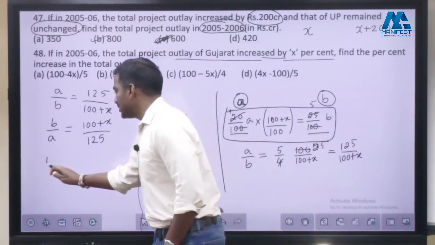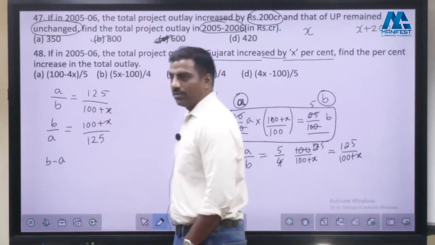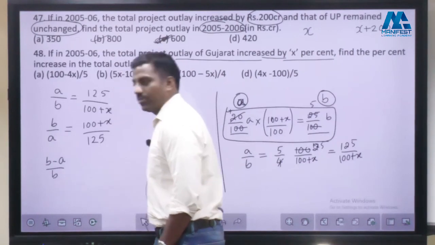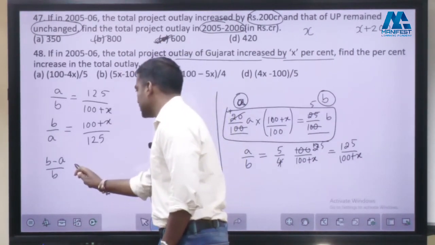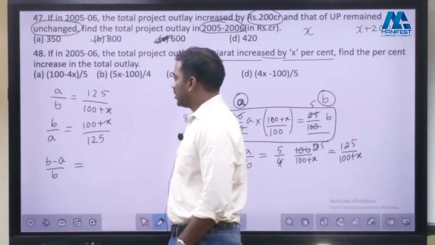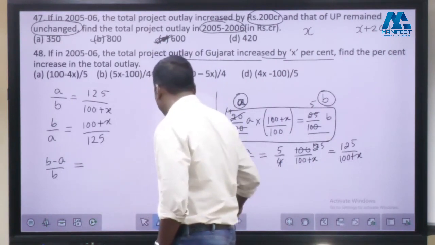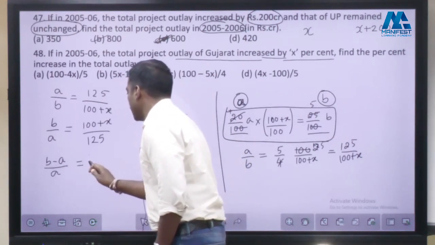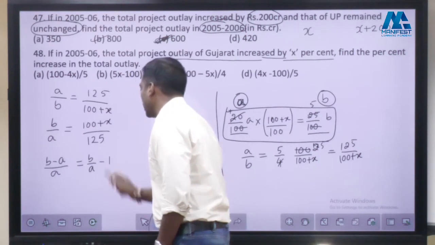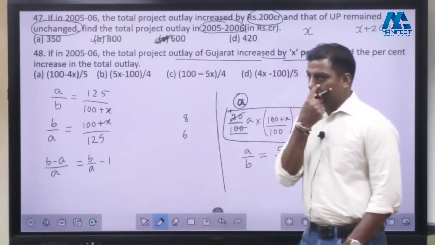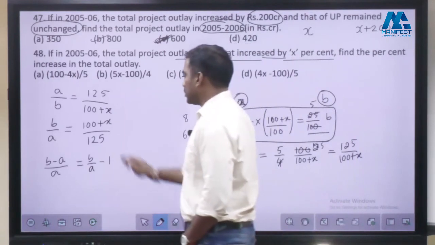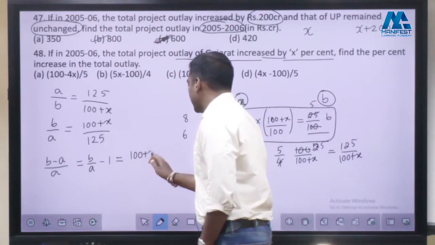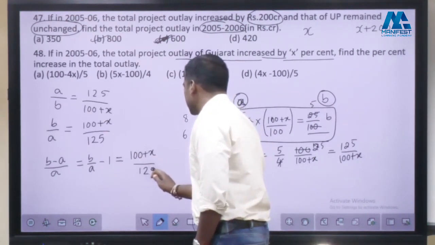So take the difference means B minus A divided by B... I'm sorry, B minus A divided by A. This is B by A minus 1. So what is B by A here? 100 plus X divided by 125 minus 1.